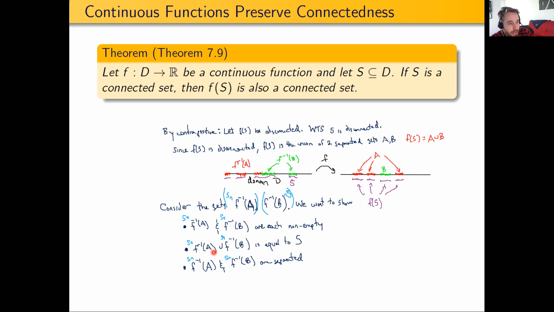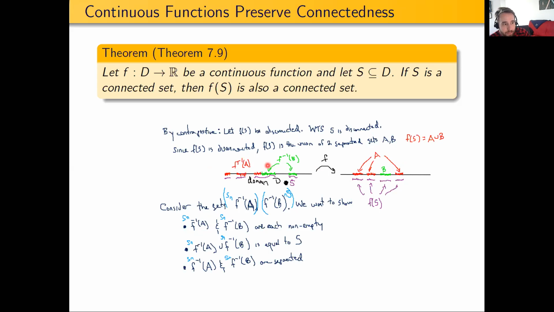Next up, for the same reason, we can basically see that F inverse of A, or the preimage of A, and the preimage of B are each non-empty, right? Notice that because A was non-empty, something had to be in A, and so some element over here has to map into A in order to make sure that A is non-empty, and therefore the preimage of A was itself not empty.